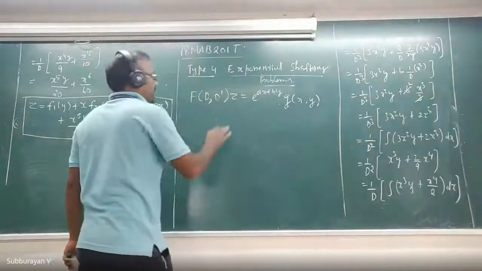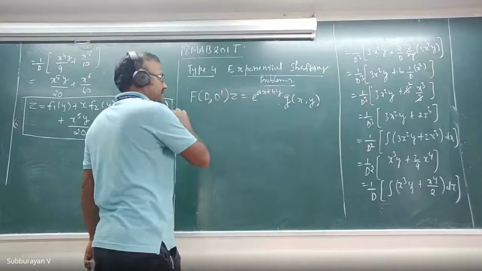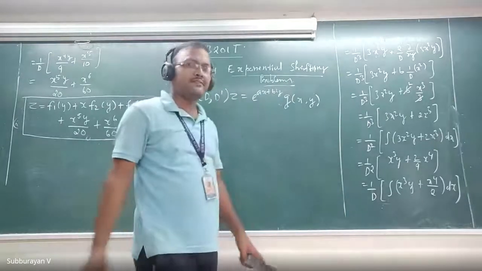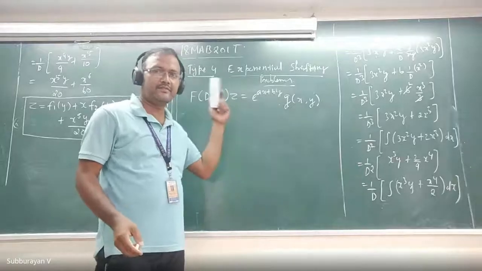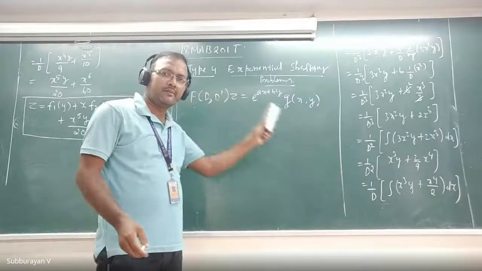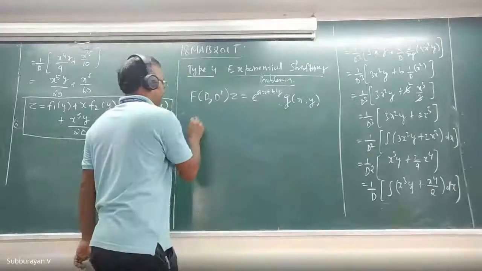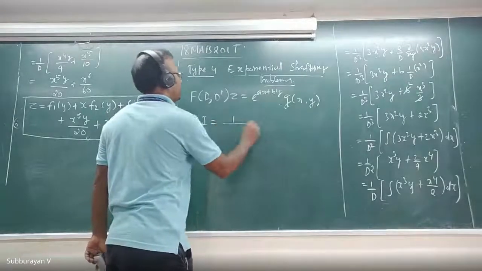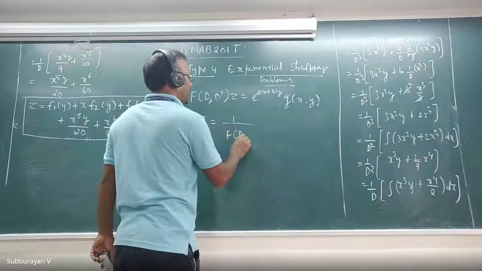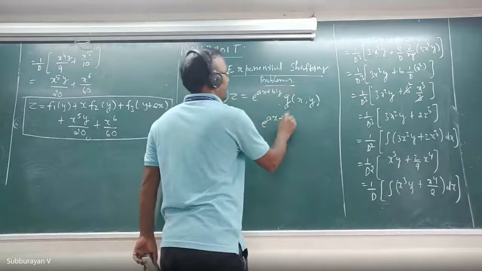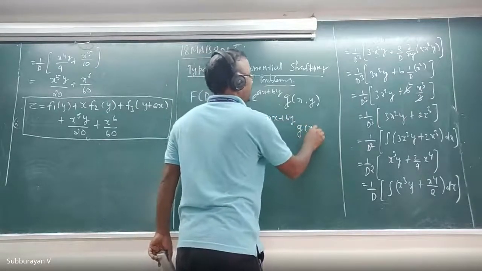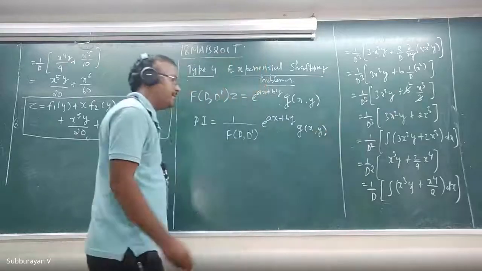Now here the procedure is to find the complementary function, first to find out the reduced equation, and then find the auxiliary equation, find the roots, and then find the complementary function. Now for particular integral PI, that is 1 divided by f of D comma D prime into e power ax plus by into g of x comma y.